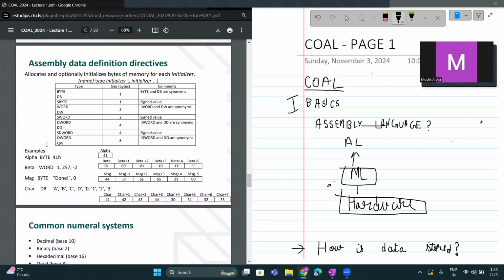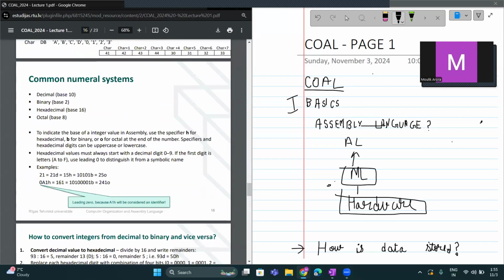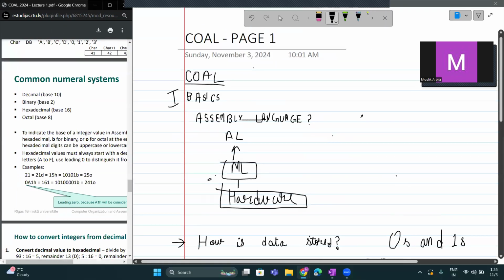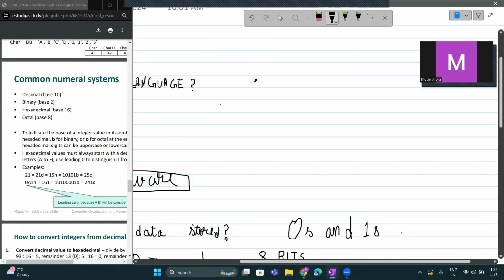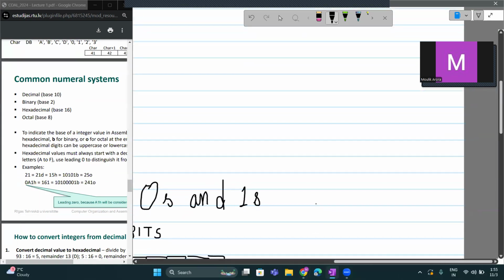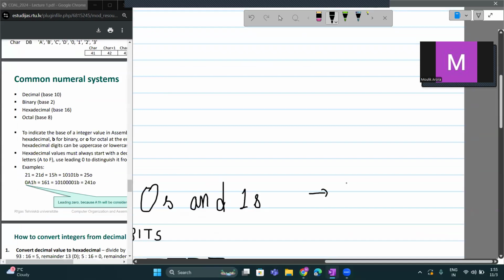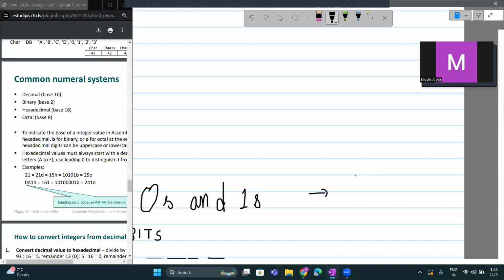Okay, so first of all, how is data stored? As you know, the data is stored in zeros and ones in every computer, and that is possible in hardware because of gates and electronics.